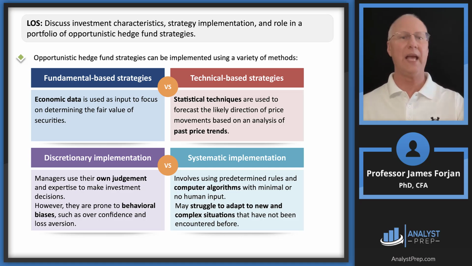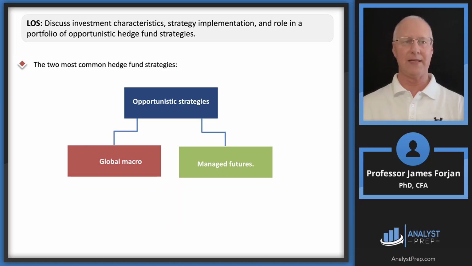What do we call that? The dedicated short bias. Boy, wouldn't it have been awesome to have Enron and Silicon Valley Bank in that dedicated short bias strategy for us, right?